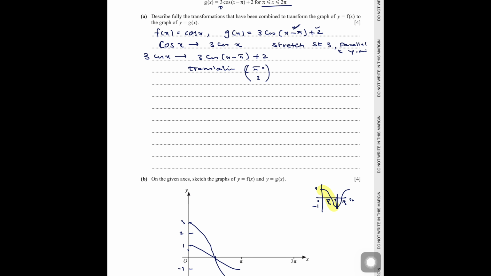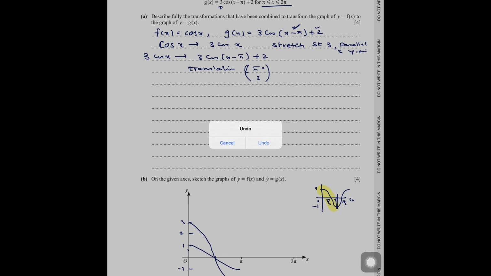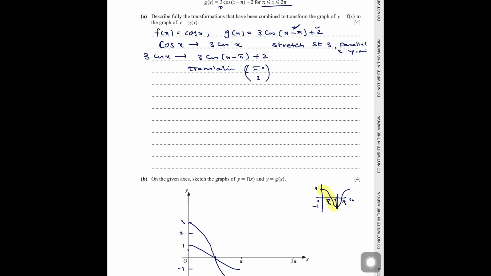Fine. So I'm taking that part by how much? By pi. So this point starts from here, and this point moves to 3 pi over 2, and pi becomes 2 pi. So that's my curve.